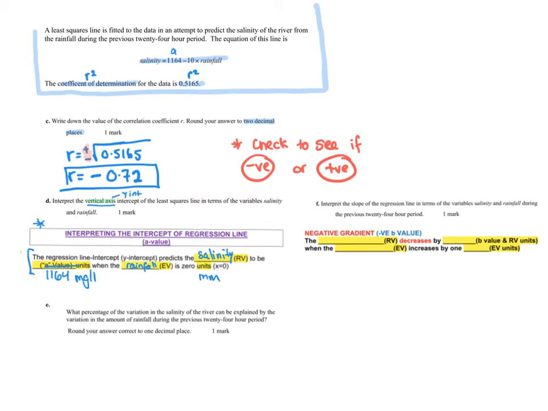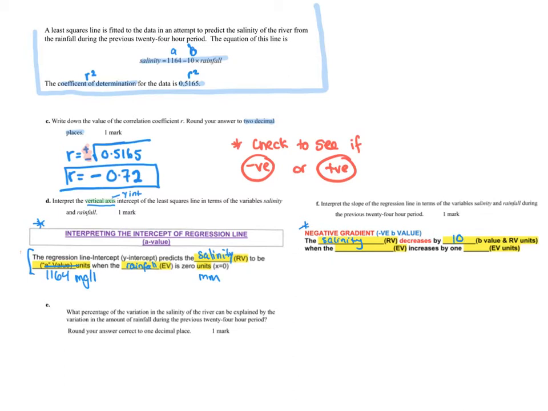In question F, it says interpret the slope in terms of the variables salinity and rainfall during the previous 24-hour period, 1 mark. So I've looked, it's a negative. So the salinity decreases by the B value, which is up there, -10. So you don't have to write negative because that's what the word decrease means.